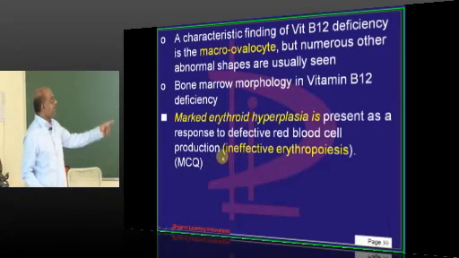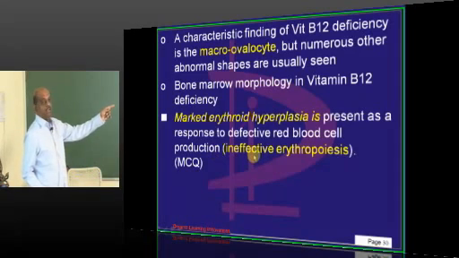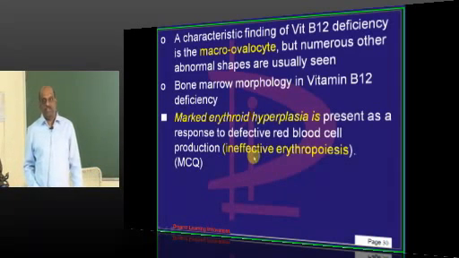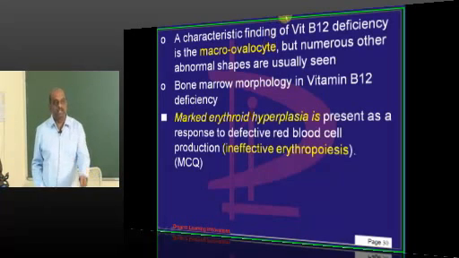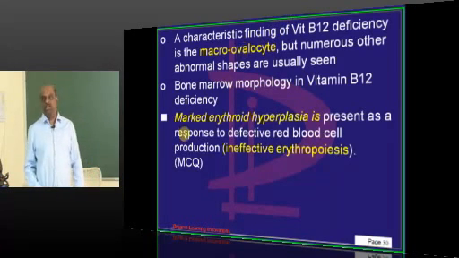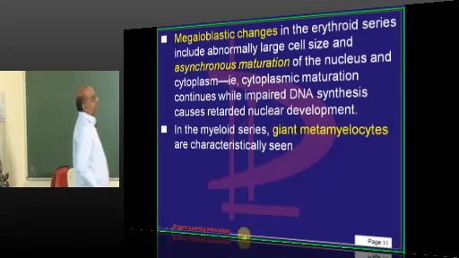But what will happen? There is an ineffective erythropoiesis. Even before those young RBCs produced by the bone marrow leave the bone marrow, they are being slaughtered mercilessly within the bone marrow, which you need to basically remember.